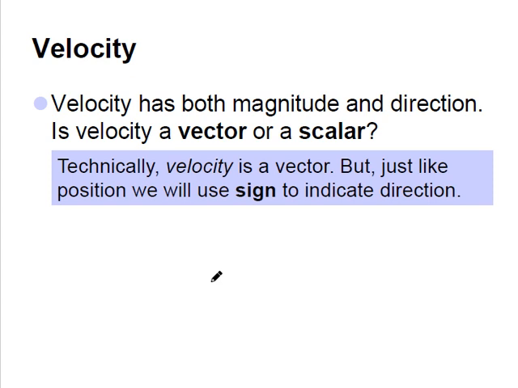So velocity has the magnitude, how fast, and it has a direction, which way this particle is going. So it's technically a vector. But to keep things very simple, we're going to use the signs to indicate the direction of that particle.